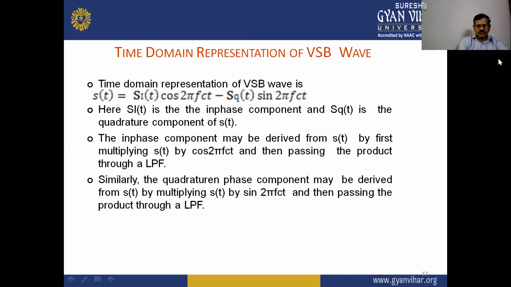Similarly, the quadrature component may be derived from s(t) by multiplying s(t) by sin 2 pi f_c t and then passing the product through the low pass filter.